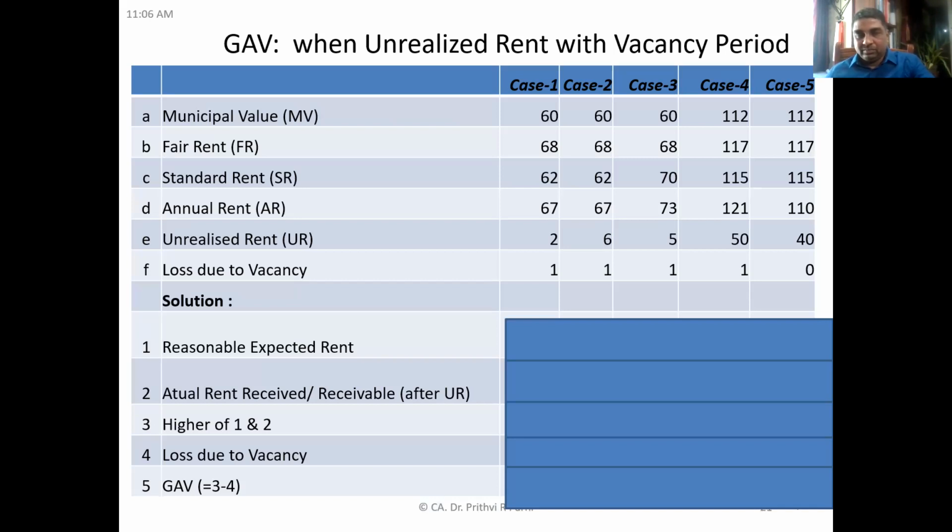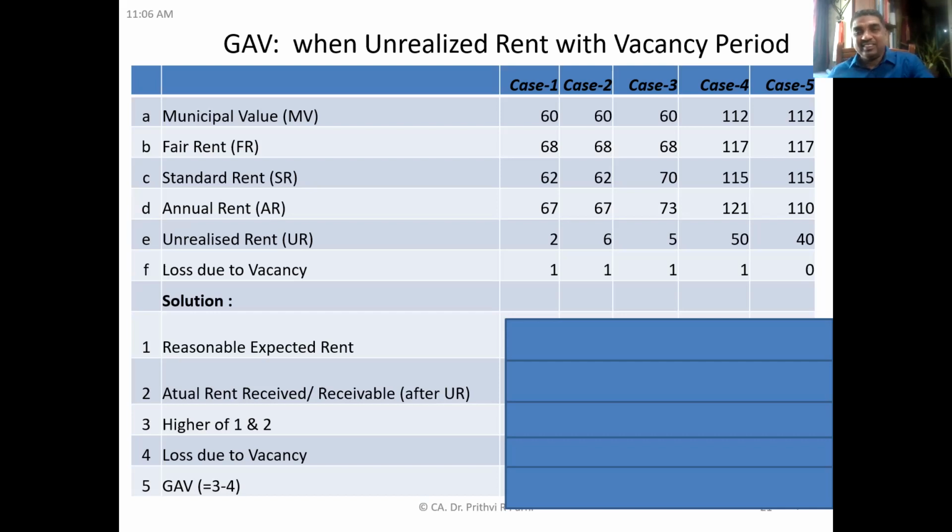So now tell me what is this expected rate? 68. Second case. You see, what is highest? 68 is highest, but it should not exceed standard. 62. Second case, 62.